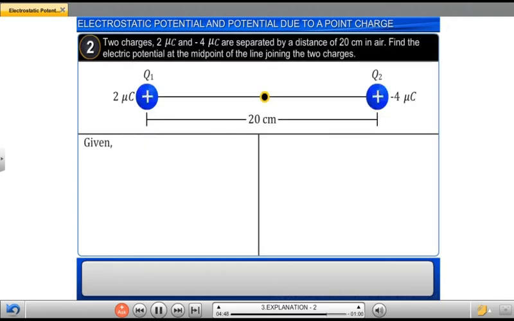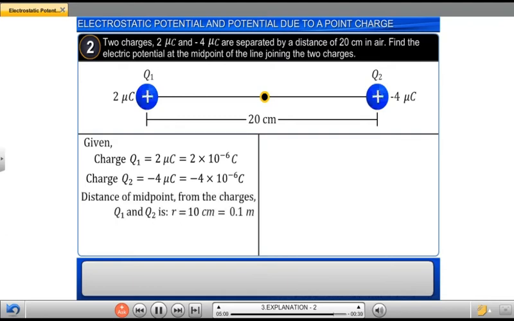Given charge Q1 is equal to 2 microcoulomb equal to 2 into 10 raised to the power -6 coulomb. Charge Q2 is equal to -4 microcoulomb equal to -4 into 10 raised to the power -6 coulomb. The distance of the midpoint from Q1 as well as Q2 is equal to r is equal to 10 cm is equal to 0.1 meter.